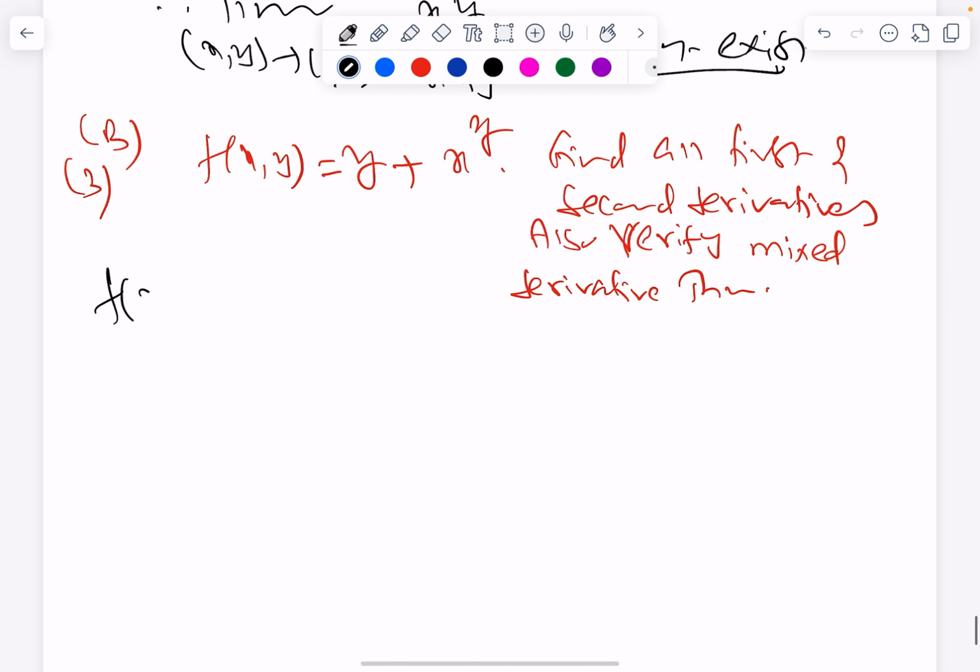So here we have f of (x, y) equal to y plus x power y.